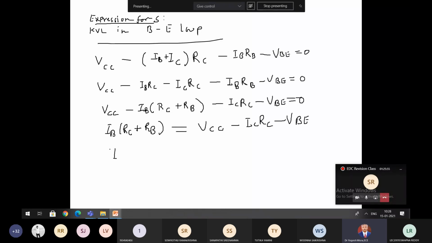And IB will be equal to VCC minus IC RC minus VBE, divided by RC plus RB. Right, this expression we got.